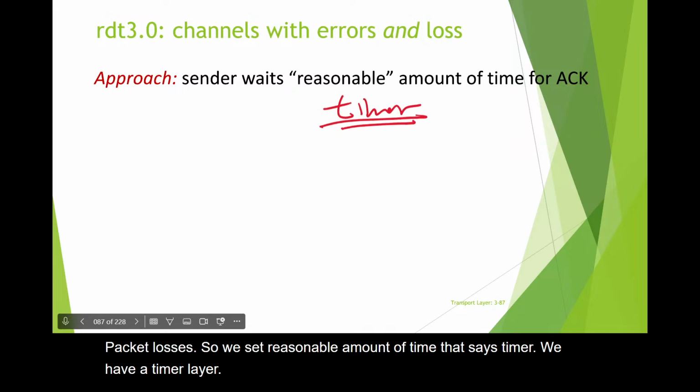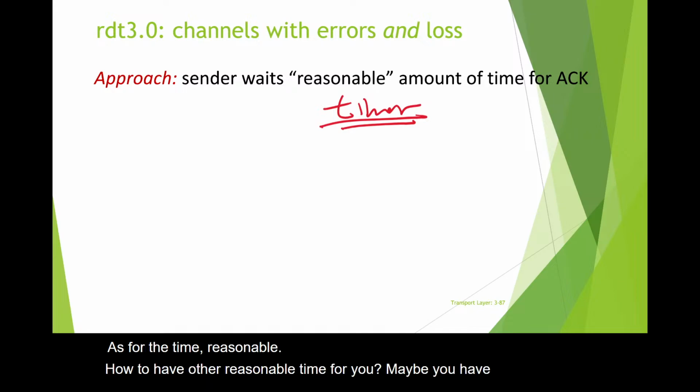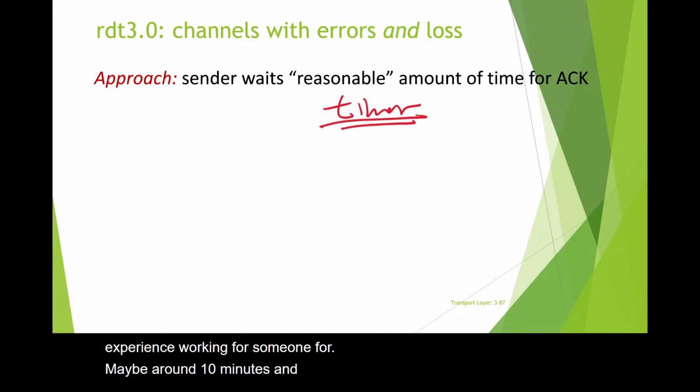All right, we set a timer. As for the time, it should be reasonable. How do you decide what is a reasonable time? Maybe from your daily life experience, waiting for someone for around 10 minutes, you think that is reasonable. How about an hour? Not reasonable.